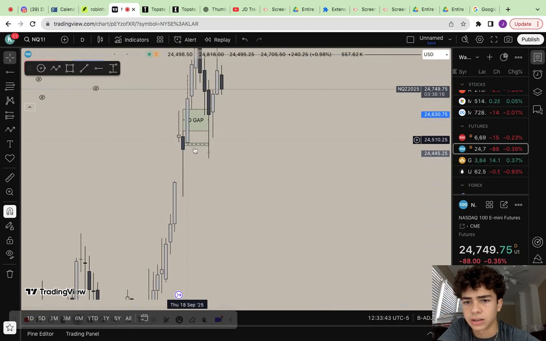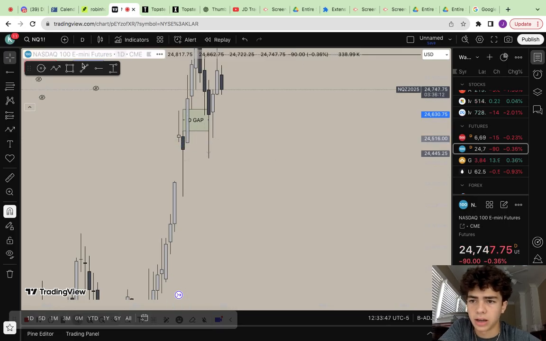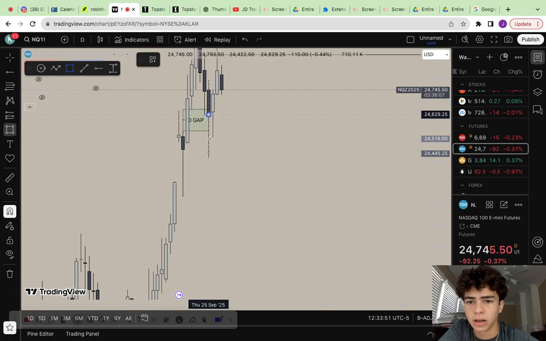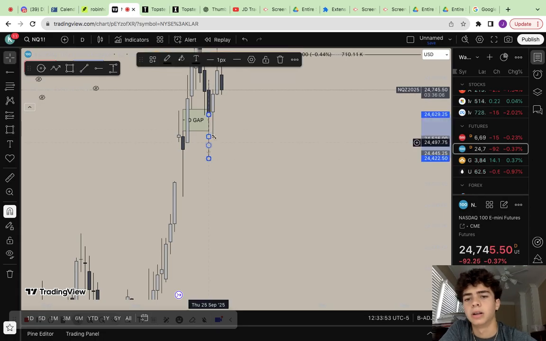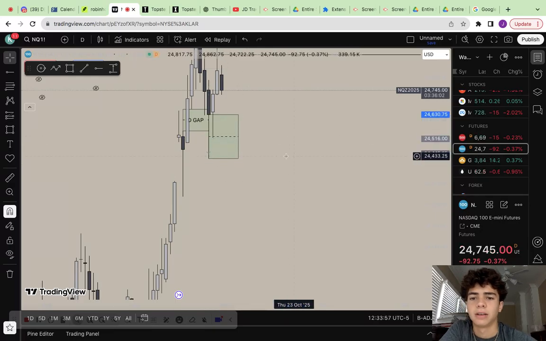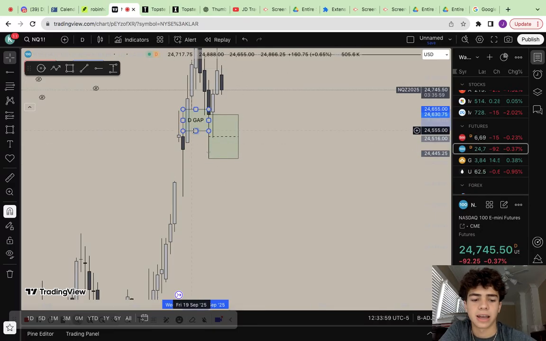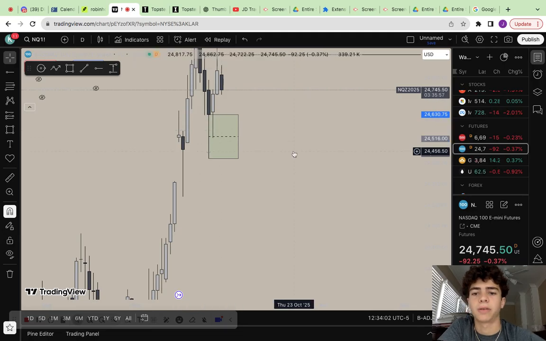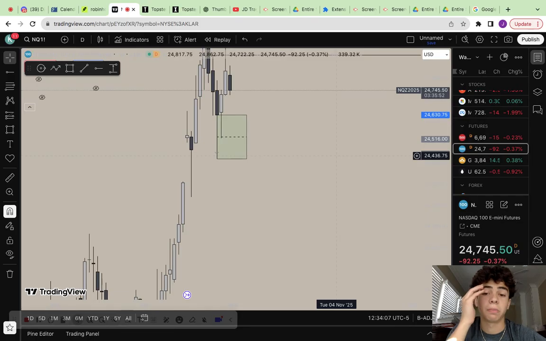This candle didn't have a wick, but we took out this daily low, so we can draw out the rejection block because this took out a low and closed back above it. As you can see, the 0.5 is right there, and the next day comes into this and taps it perfectly to the 0.5. This is how powerful this can be.